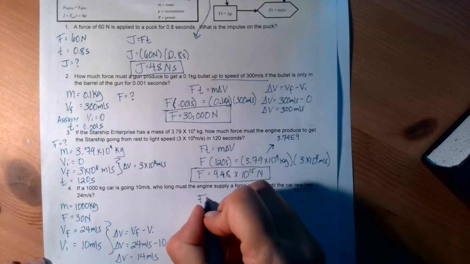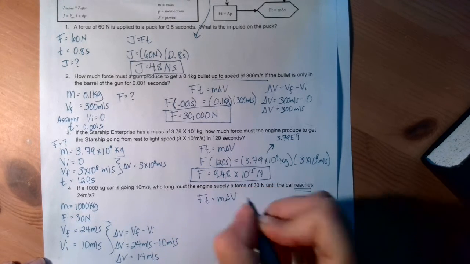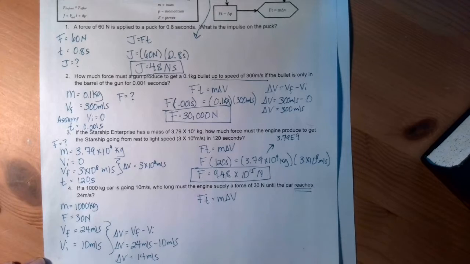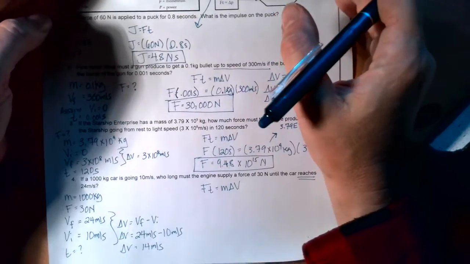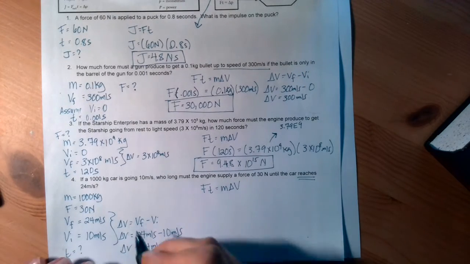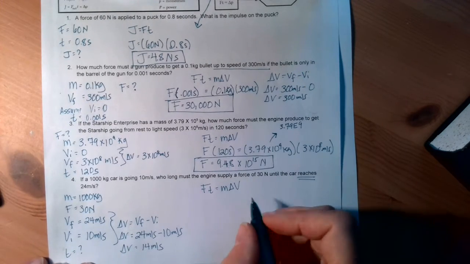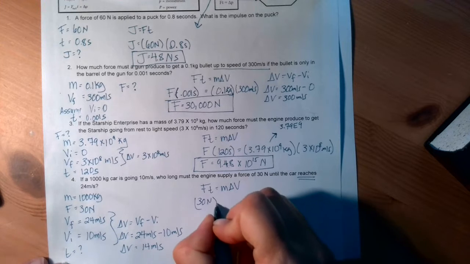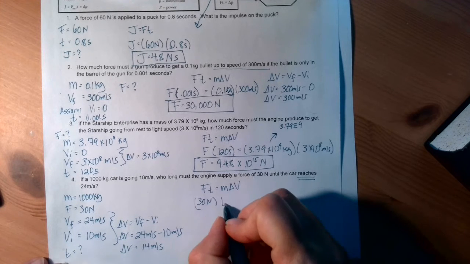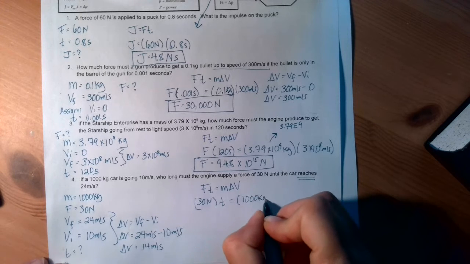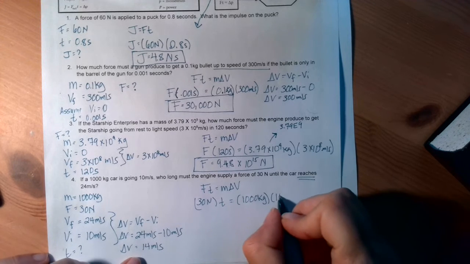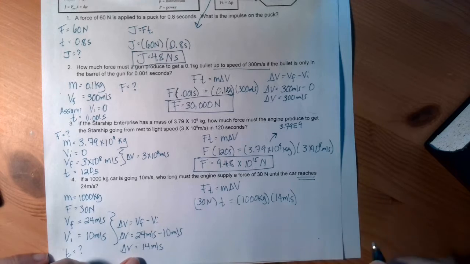All right, we're going to again use Ft equals m delta V. And now what we're trying to do is find time. So 30 newtons times the time equals the mass, which was 1,000 kilograms, times the change in velocity, 14 meters per second.